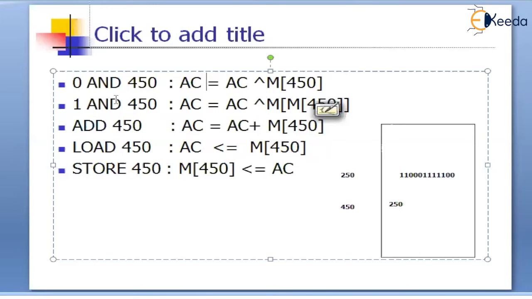When it is 1 and 450, this 1 is going to specify a pointer here. This 450 is going to hold another address. Now this 250 is no more an operand, rather it is going to show one more address, and under this address there is the actual operand.